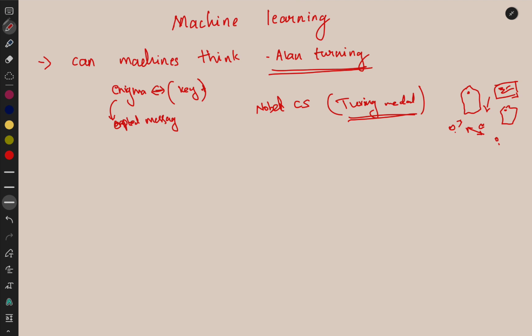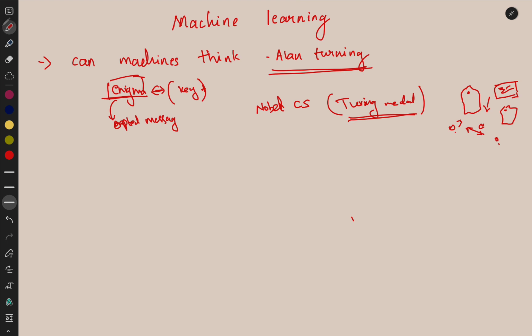He proposed the question: can machines think? He was the first one to decrypt Enigma. By decrypting Enigma, people say he saved more than 20,000 lives in Britain.